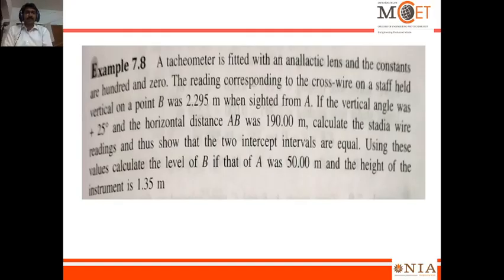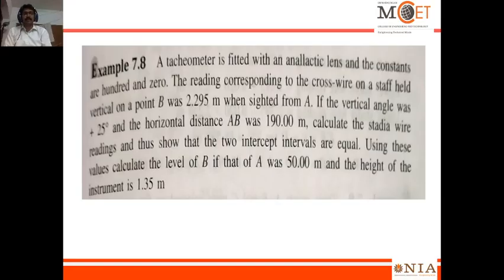A tacheometer is fitted with an analytic lens. It was given this analytic lens, so the constants are 100 and 0. The reading corresponding to the crosswire on a staff held vertical on a point B was 2.295 meter when sighted from A. If the vertical angle was plus 25 degree and the horizontal distance AB was 190 meter, calculate the stadia wire readings and thus show that the two intercept intervals are equal.